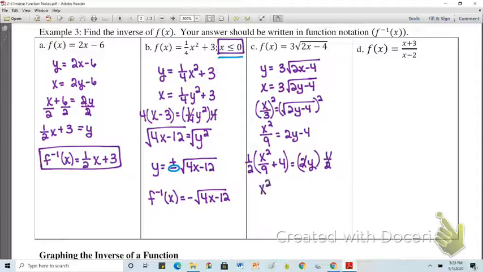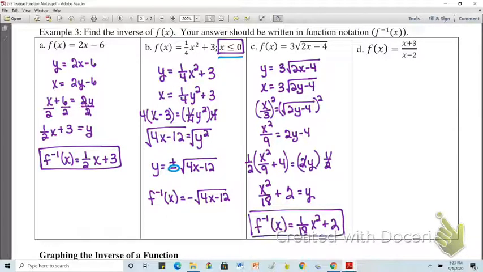So I get x squared over 18 plus half of 4 is 2. Last step, rewrite as f to the negative 1. Now you can leave it as x squared over 18, or you can write it as 1/18 x squared. Either way is an acceptable answer, and both mean the exact same thing.